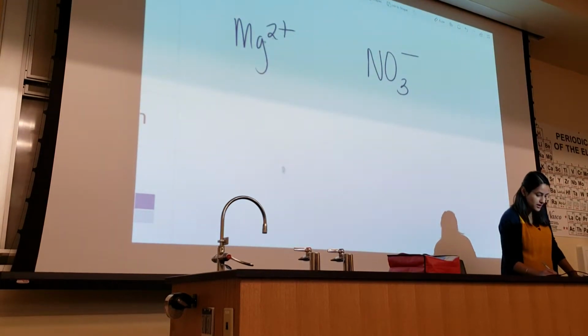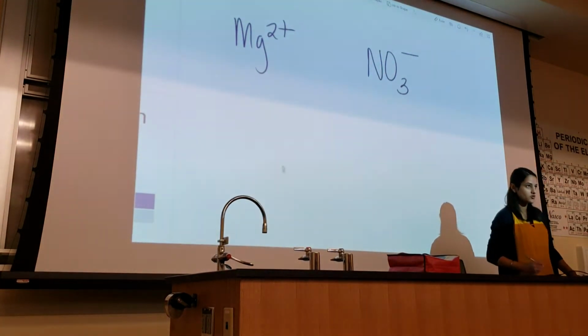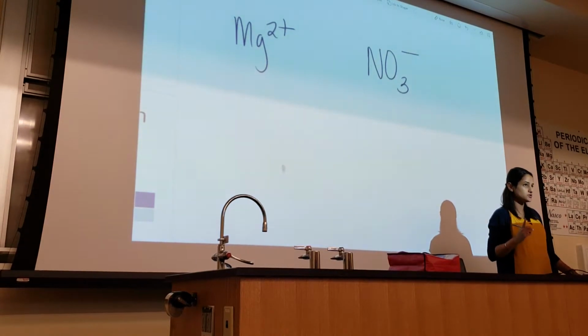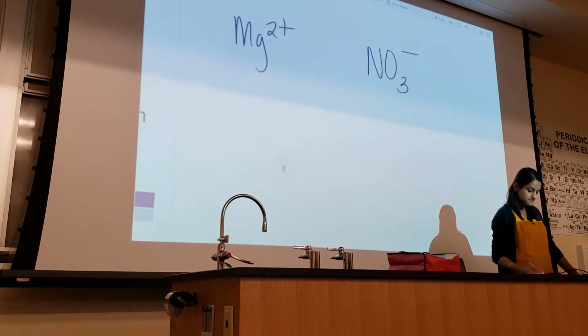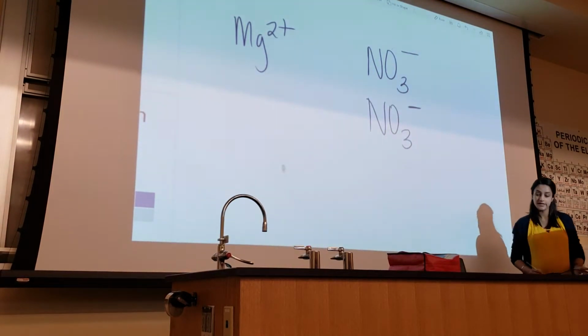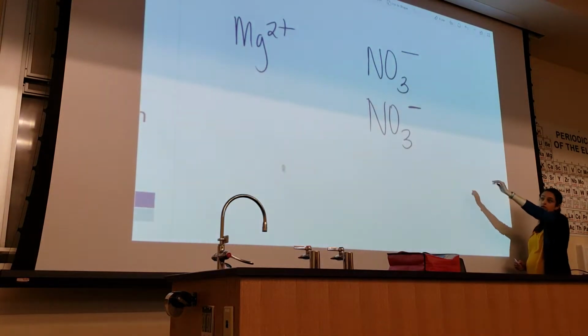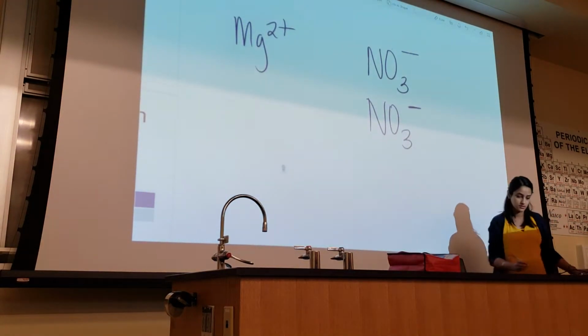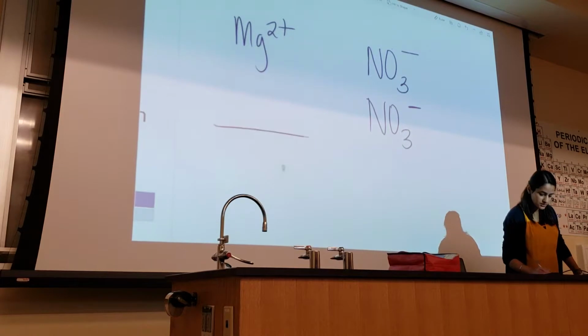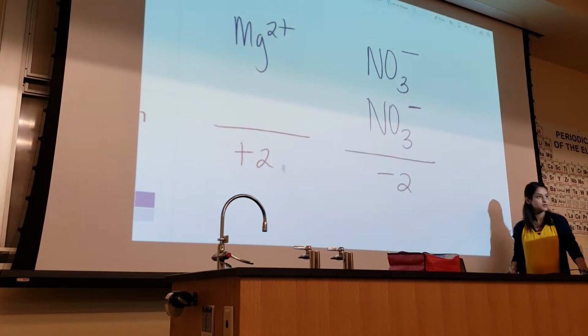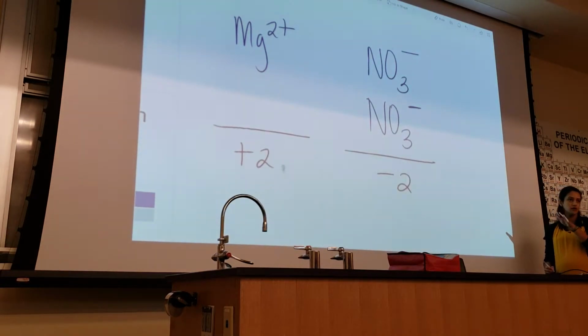Here I have a 2 plus, here I have a negative 1. You need to cancel out charges. So how am I going to do that? I need 2 nitrates for every 1 magnesium. Because notice now my charges, this side is plus 2, this side is negative 2. The charges will cancel out.